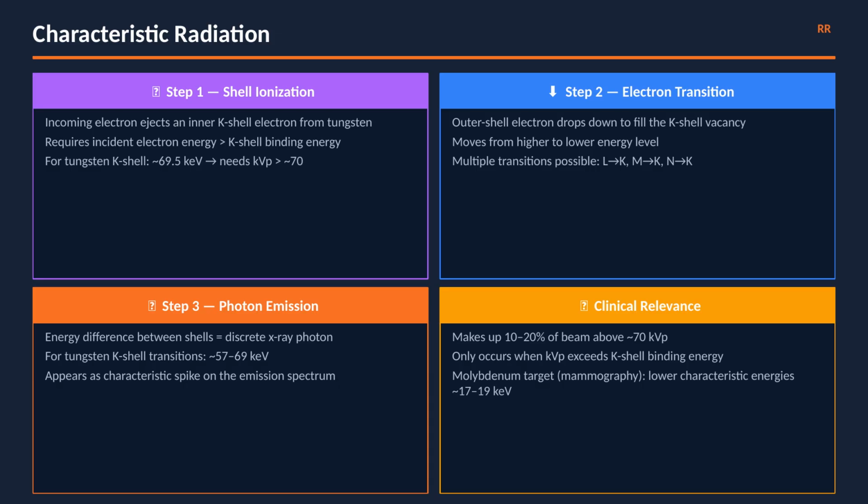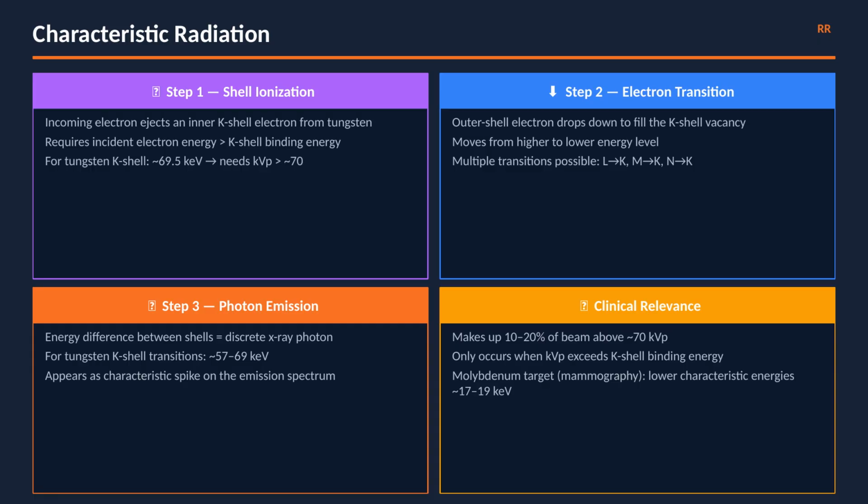For the K-shell of tungsten, this requires the incoming electron to have energy greater than approximately 69.5 keV, which means characteristic radiation from the K-shell only occurs when the tube kVp exceeds approximately 70 kVp.